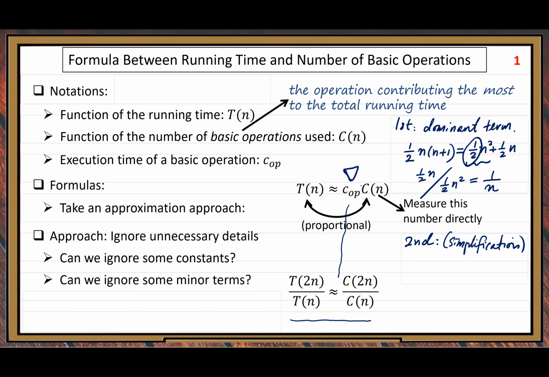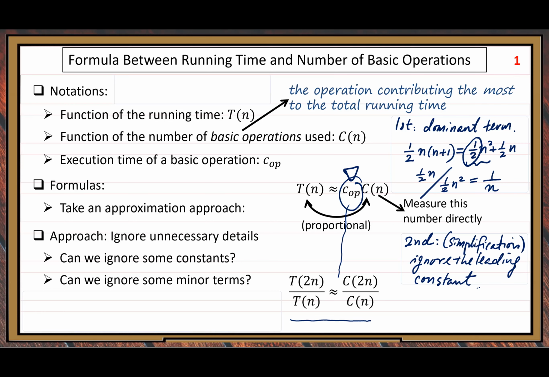That is, ignore the leading constant, because it's enough to allow us to see how fast the function grows. We just take that, okay?